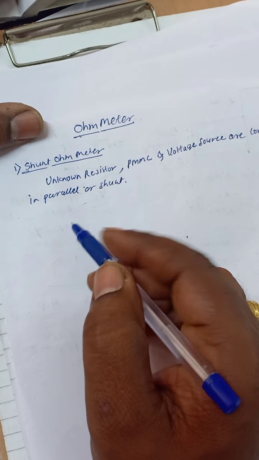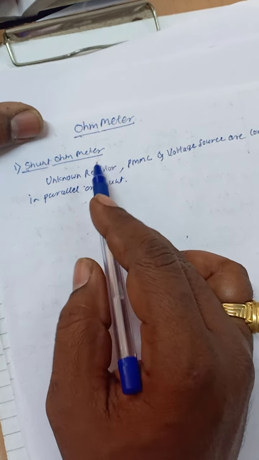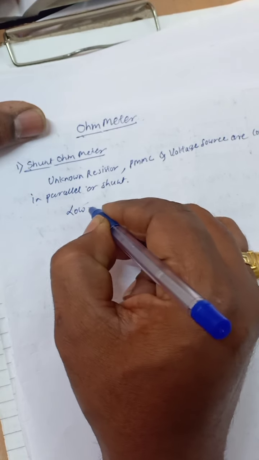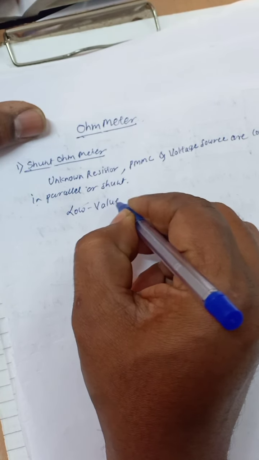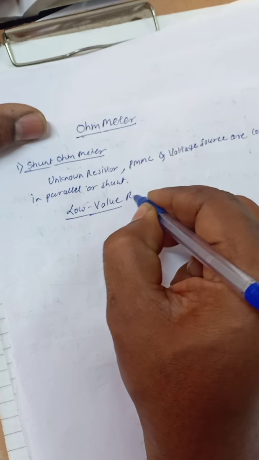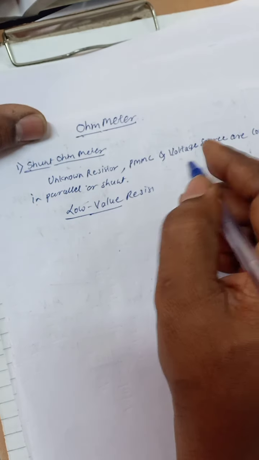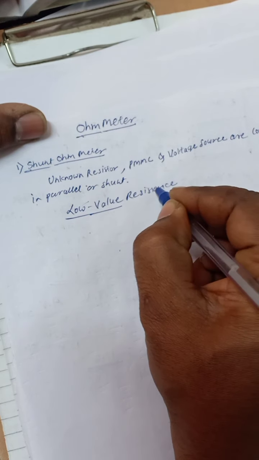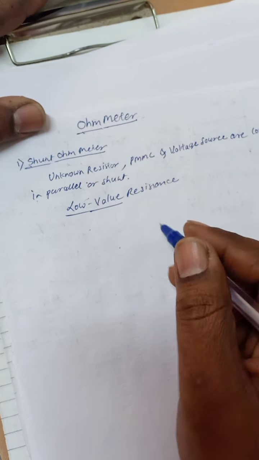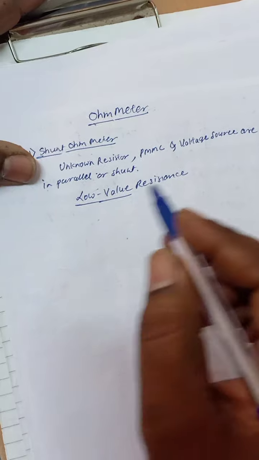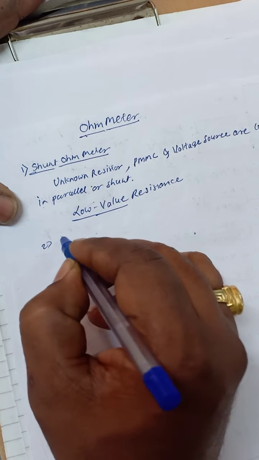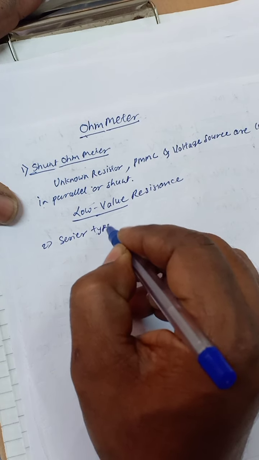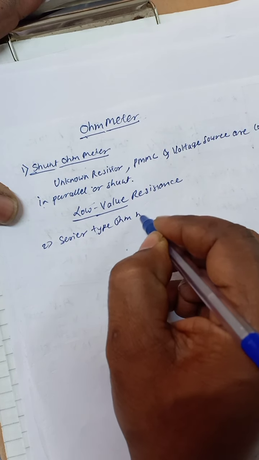This type of ohm meter is used to measure a low value resistance. Then the second one is the series type ohm meter.